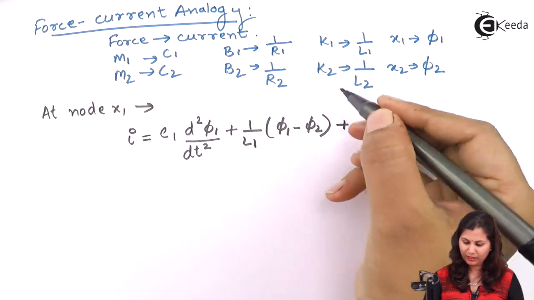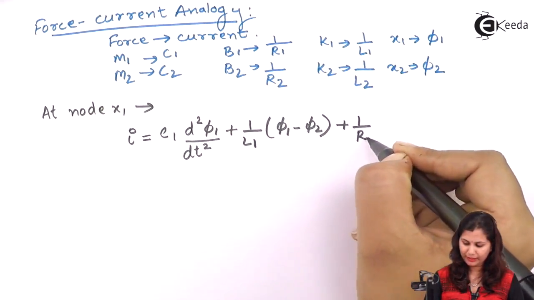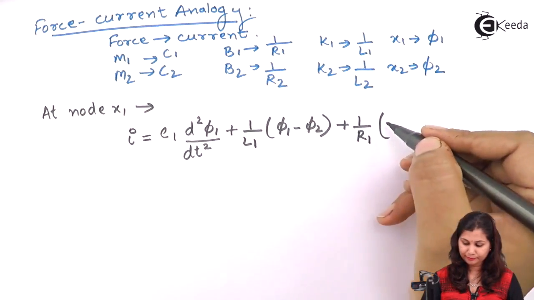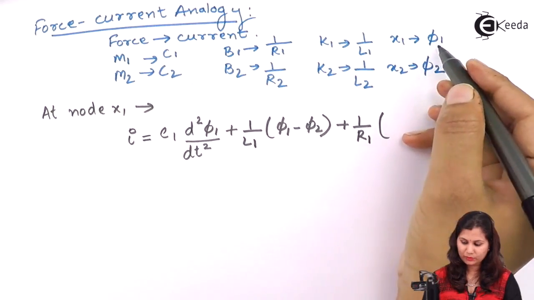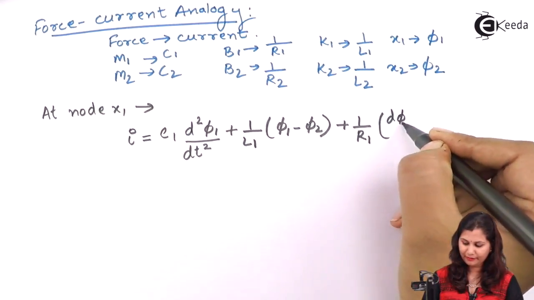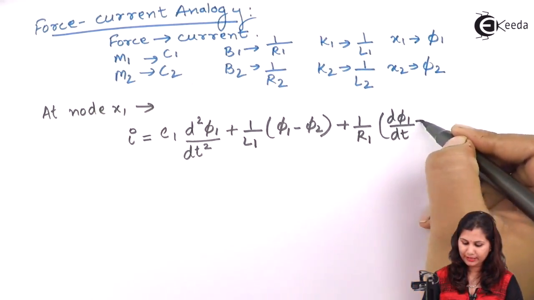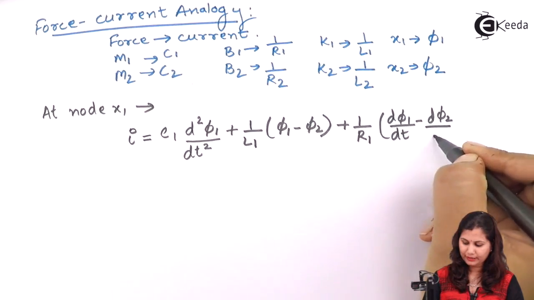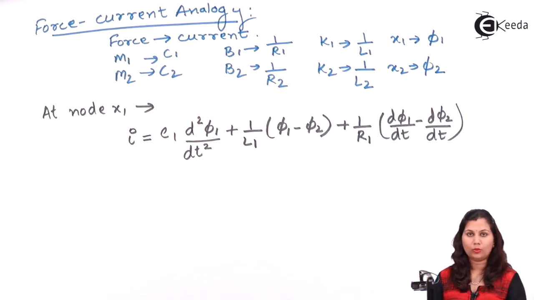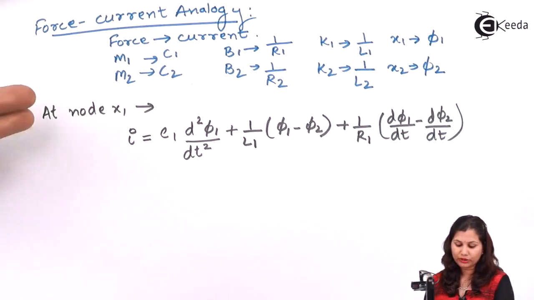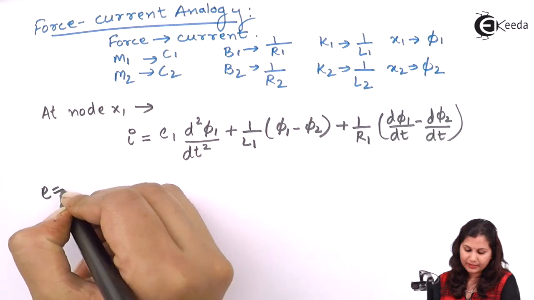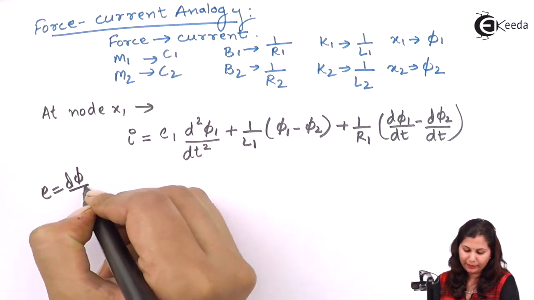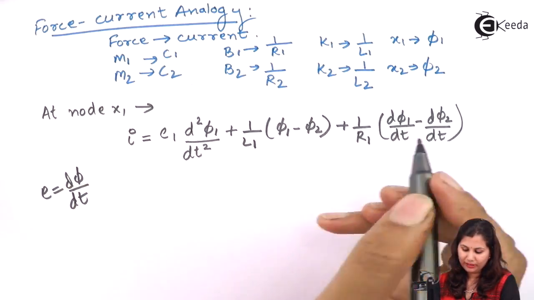Then we have B1. B1 will be replaced by 1 by R1. Then we have dx1 by dt. Okay, x1 is phi1, so we have d phi1 by dt minus d phi2 by dt. Okay, so we have obtained the nodal equation for x1 in accordance to the force current analogy. Now if we write this voltage equals to d phi by dt, then how we can write it here?